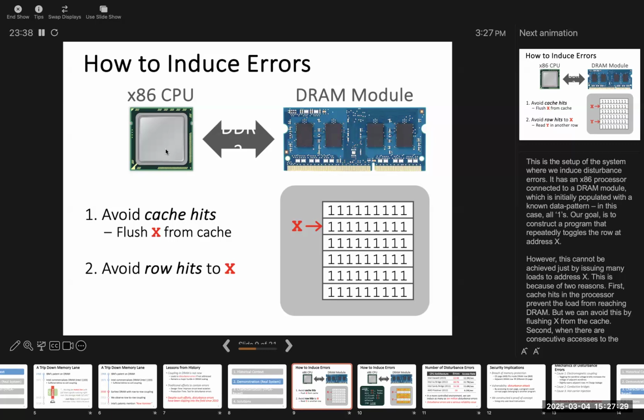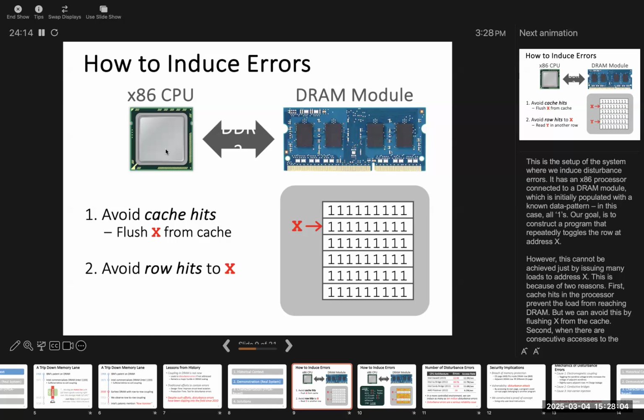The flow of current from those transistors will induce errors in neighboring rows. But if you are not toggling this line, not opening and closing, and you are always maintaining it active, it will be at a stable voltage level and no current will be flowing. Or even if there is some leakage current, this is a simplistic explanation, it will not be sufficient to induce the errors. So that's why we want to avoid the row hits.